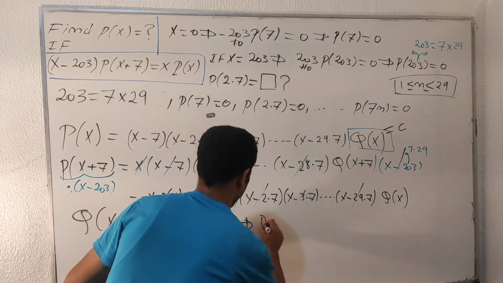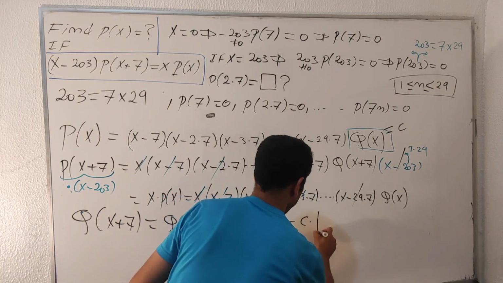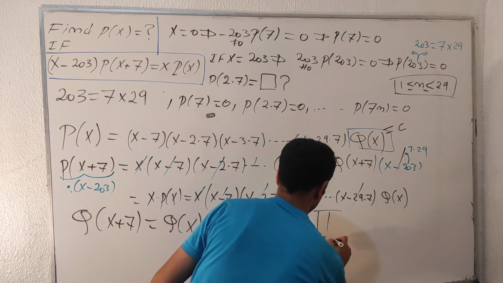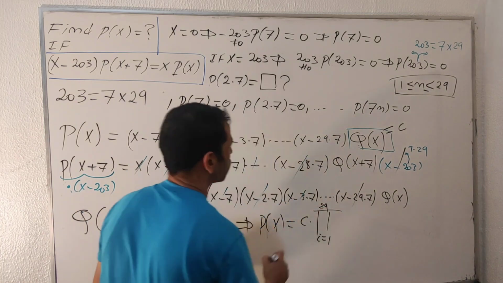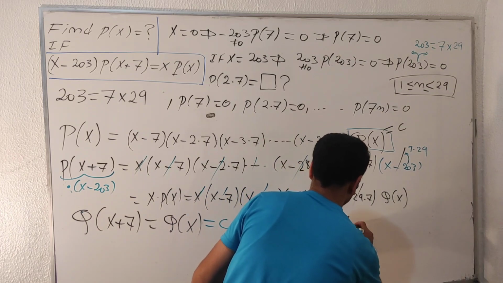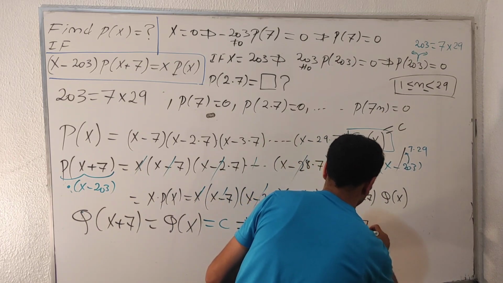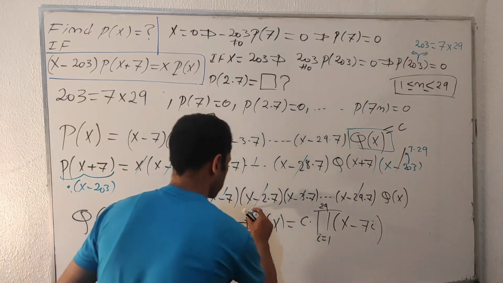Finally we found p of x equals constant c times the product as i goes from 1 to 29 of x minus 7 times i. Okay, like this.